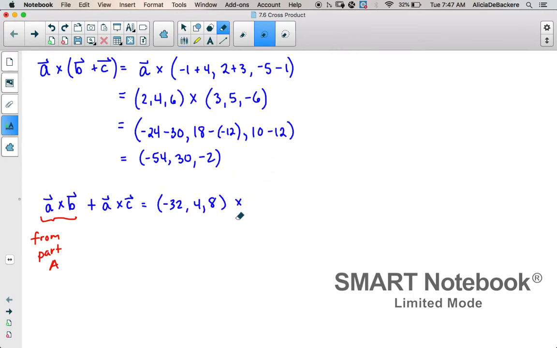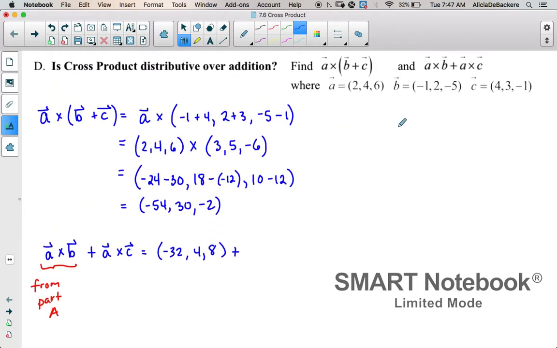And then we're going to add the answer to A cross C. I don't have the answer for this, so I'm going to just scroll back up here. I'm going to do A cross C, and again, I encourage you to pause the video, see how you do with that. So here I'm doing A cross C. So I'm doing 4 times -1, so it's -4, and then subtracting 6 times 3, so subtracting 18.